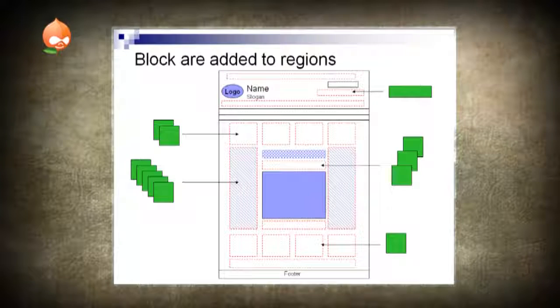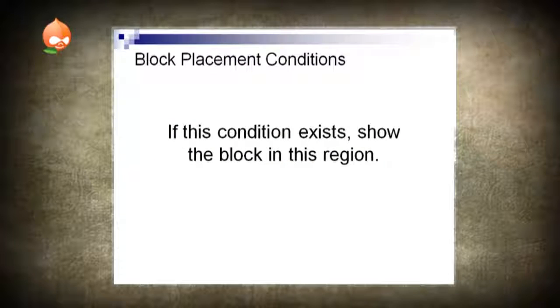Okay, so when you're building your blocks, a module gets installed, and let's say it's the weather module. The weather module produces a block for you. It's a block with some weather information in it. So you say, I want that block to show up here on the page. So you assign it a region, and it shows up where you want it to show up, given conditions. So your builder is going to say, under what conditions does this need to show up?